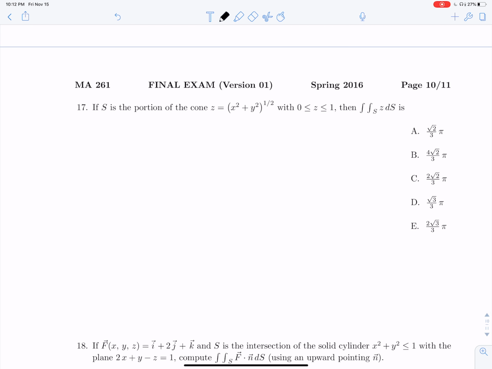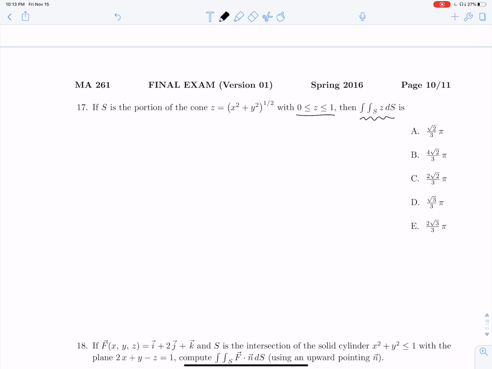Okay, 17. S is this portion of the cone, and we're looking for the surface area of S from 0 to 1 on z. So we can find this pretty easily.